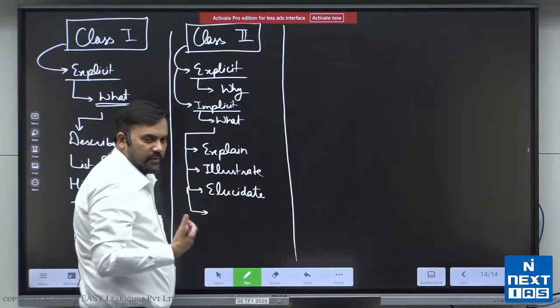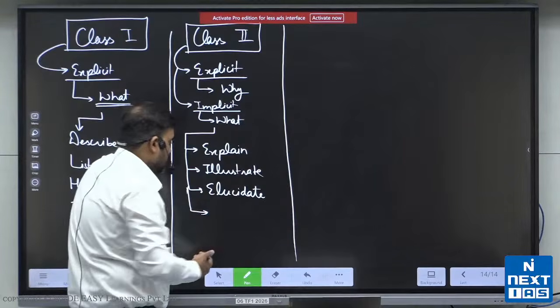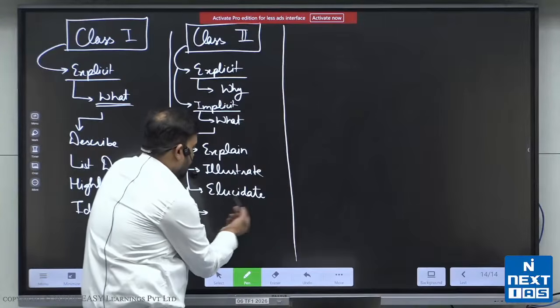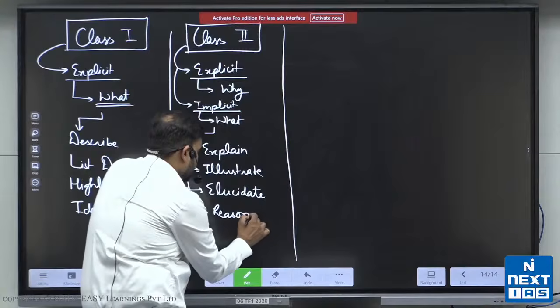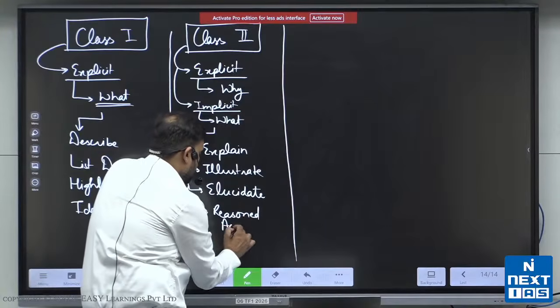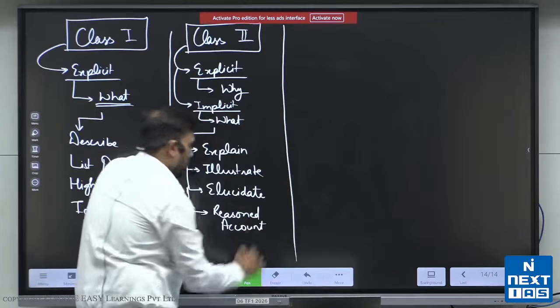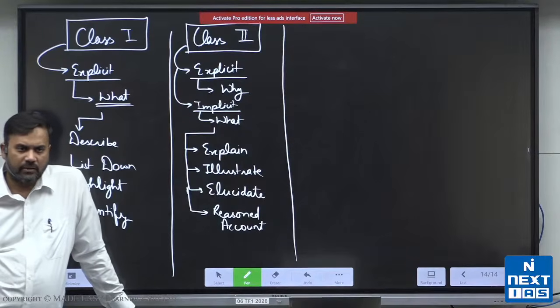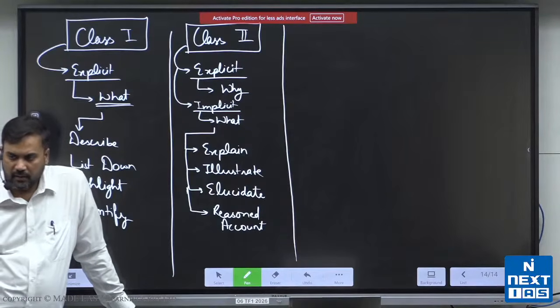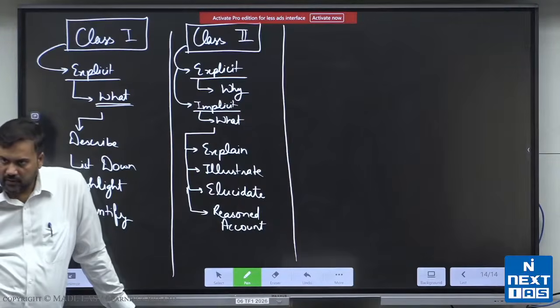Illustrate is explain with diagrams. So if you talk about elucidate, या फिर another you would have seen commonly is reasoned account. Reasoned account. ठीक है? तो all of these are secondary or the second category keywords.